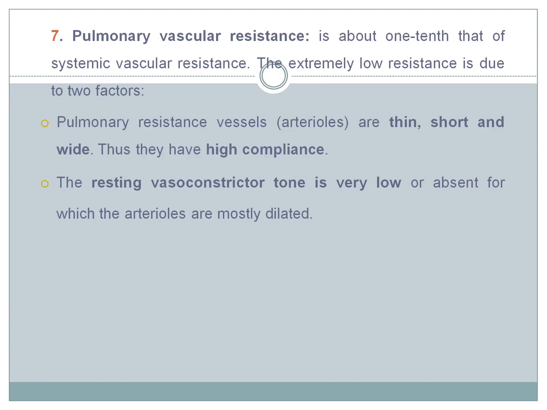and they have high compliance also. The resting vasoconstrictor tone, which is normally very much in other arterioles, is very low in pulmonary arterioles, or sometimes it is absent, and due to that, most of the pulmonary arterioles are seen to be dilated.